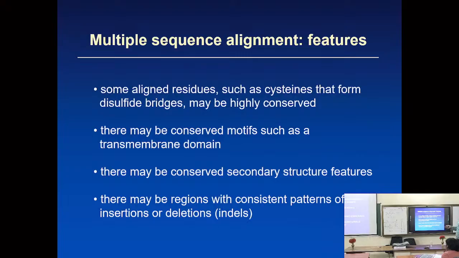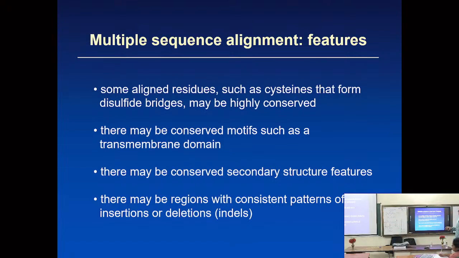Features of multiple sequence alignment: there may be conserved motifs, for example, in transmembrane proteins. You can see domains in a multiple alignment, regions that are conserved across many sequences of a protein family.